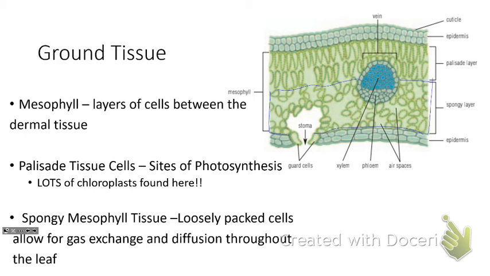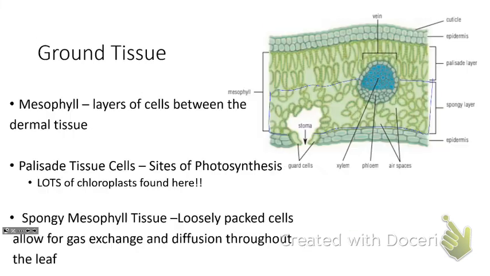If we're all crammed in one corner of this room, we're not going to be able to move as easily as we would if we're spread out like we are now, right? So these three layers of cells make up ground tissue in the leaf, at least.